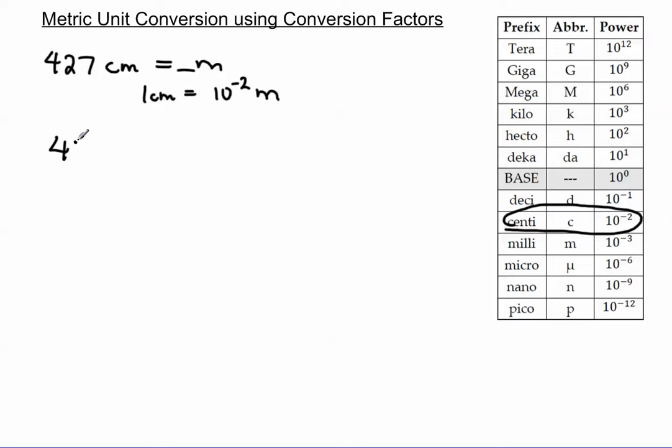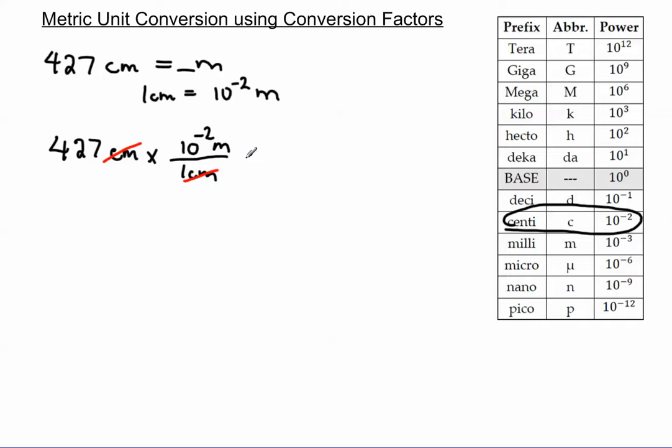We take our 427 centimeters and we multiply it by our conversion factor. We put our 1 centimeter in the denominator, 10 to the minus 2 meters on top, and we put it that way so that our centimeters can cancel.